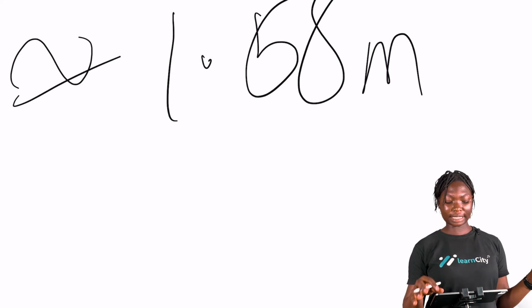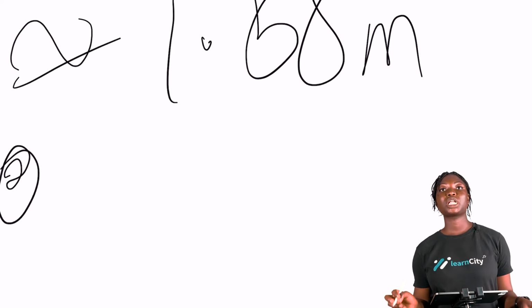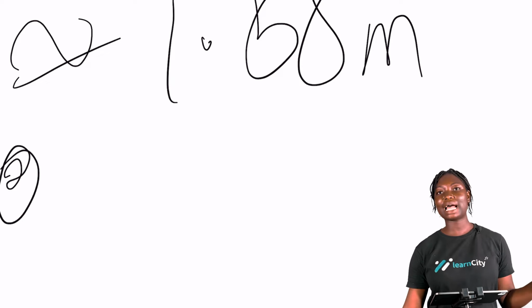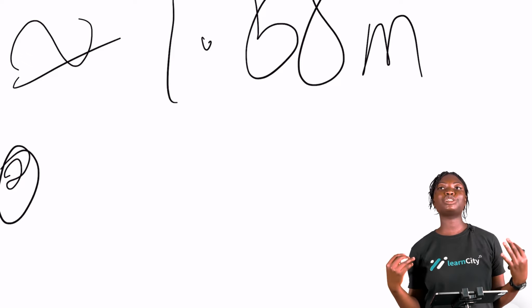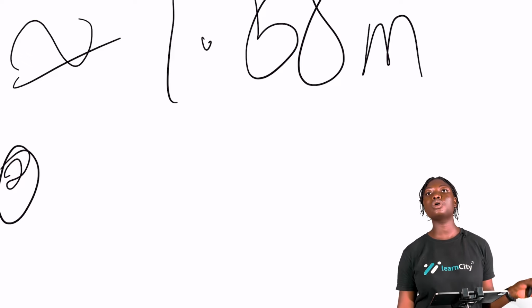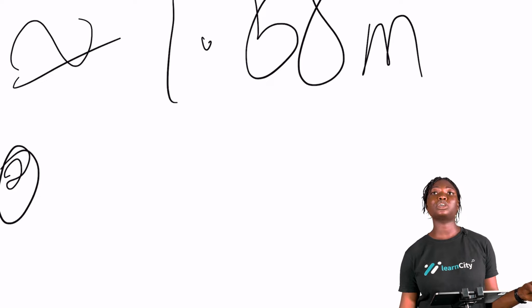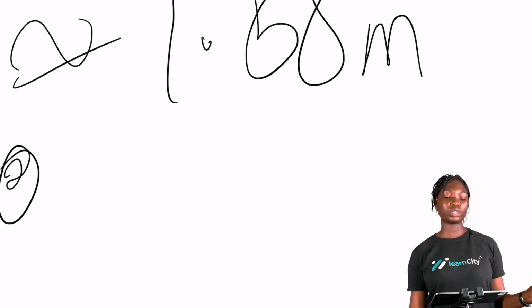Now, the second example says, calculate the unknown side and angles in the triangle ABC below, and we should give our final answer to 3 significant figures. We have to calculate the unknown side.